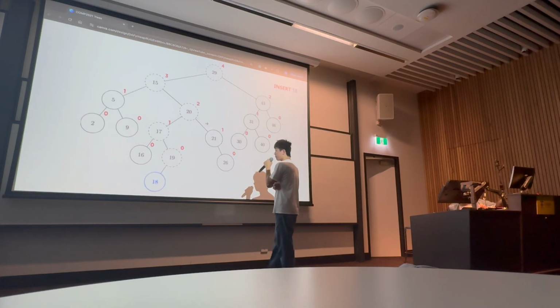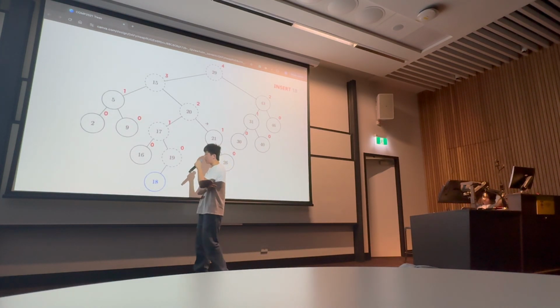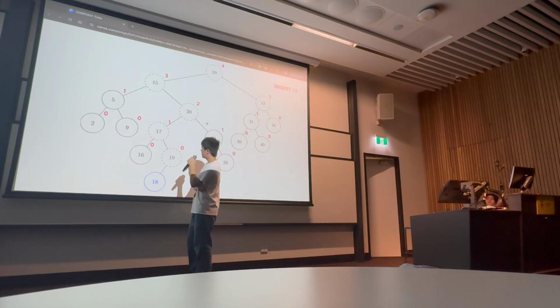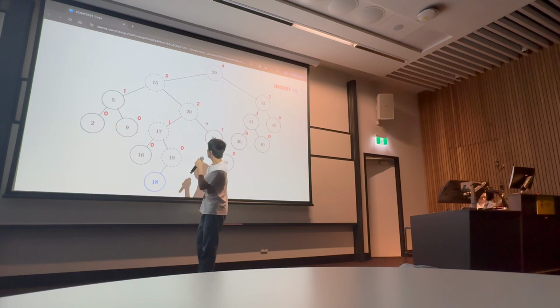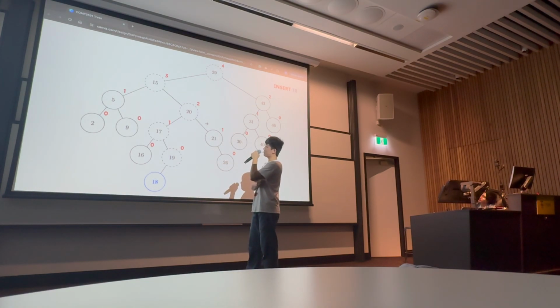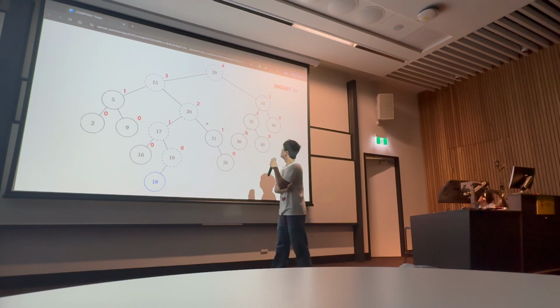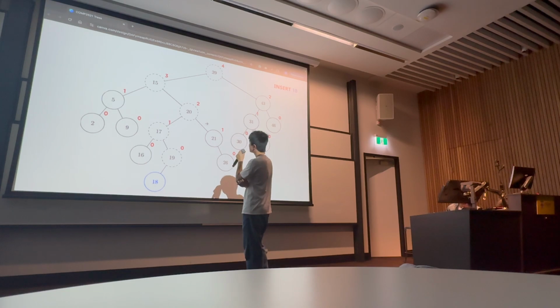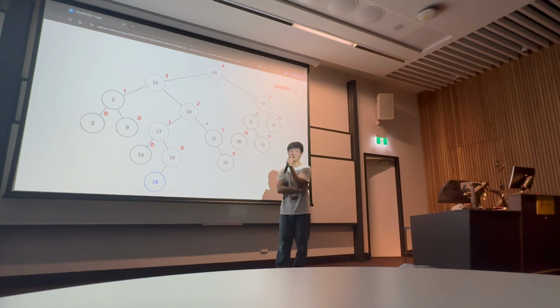However, if we were to insert a new node 18 here, then this tree becomes imbalanced. Let's go through the tree level by level and find where the imbalance is. Let's first start with 29. Can anyone tell me what the height of the left subtree of 29 is?